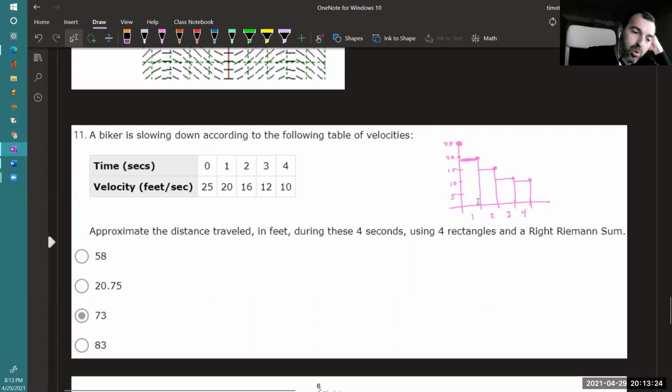So each one of them is 1 unit long, times what is this going to be here? That was a 20.